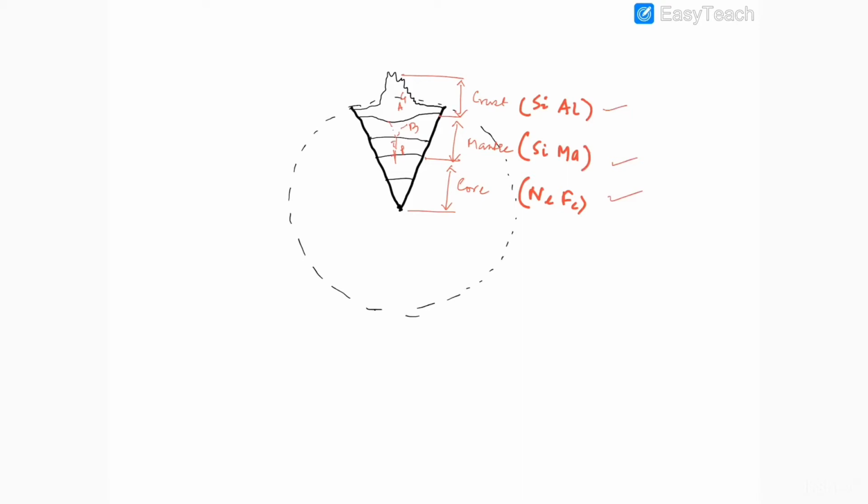So in the core the nickel and ferrum has been left behind and the lighter material moved up, and in the next level of differentiation silicon and magnesium were left behind, because magnesium was heavier than aluminium. And then in the next differentiation level, silicon and aluminium, which were the lightest, stayed in the crust.